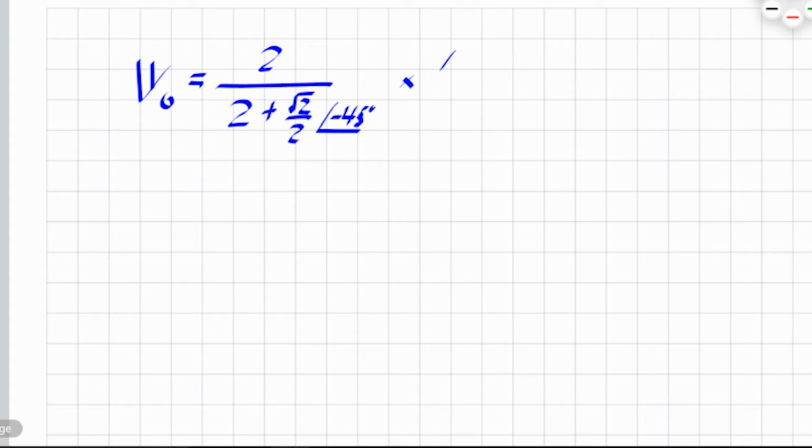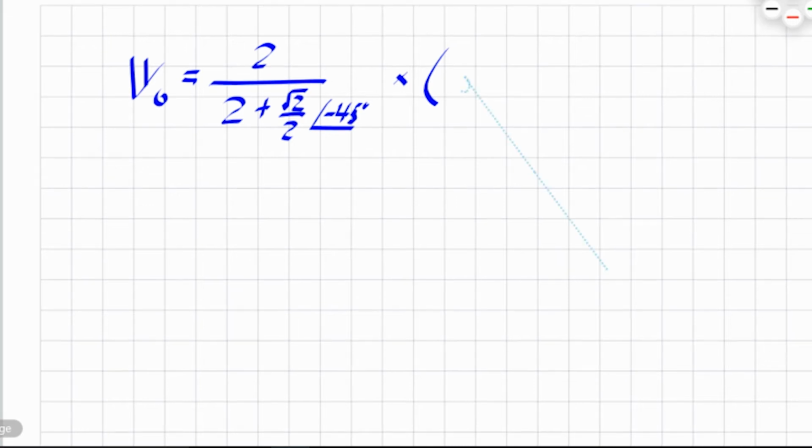Then multiply by the total voltage here, V1 plus 6, which is 8.6 with phase angle 54.46, plus 6. So now you can see we are dealing with a phasor plus a real number.